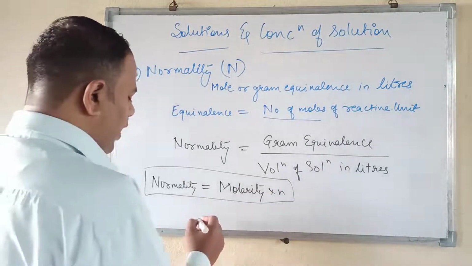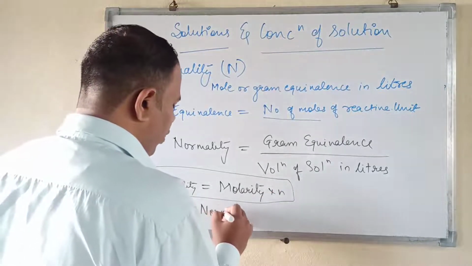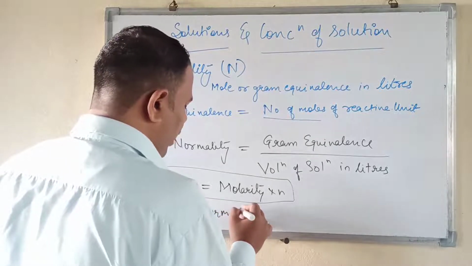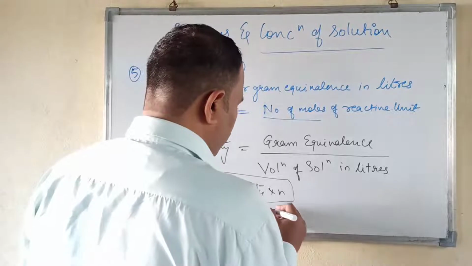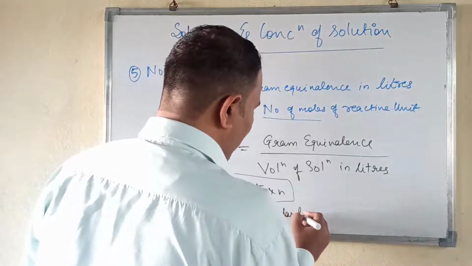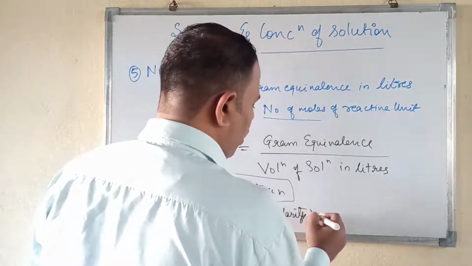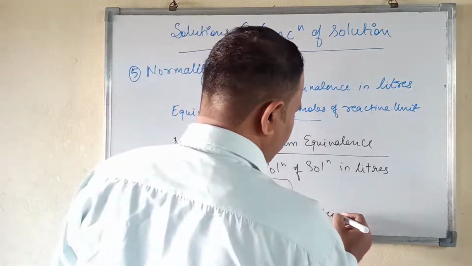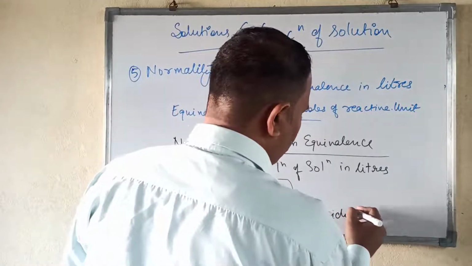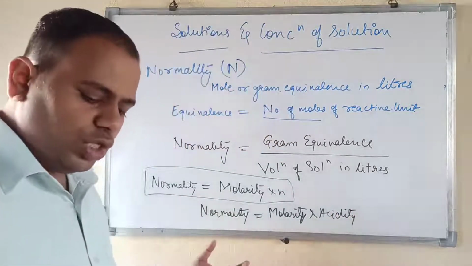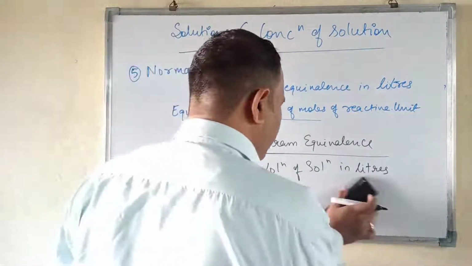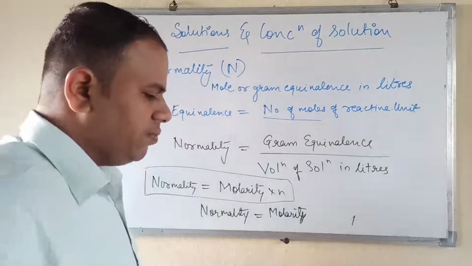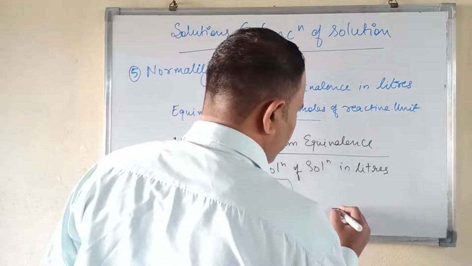Now again, if you have to calculate normality for acids and you know the molarity of a particular acid, then normality will be the molarity of that particular solution of acid multiplied by its acidity. Suppose you know the molarity of a base and you have to calculate the normality, then you have to multiply it with its basicity.